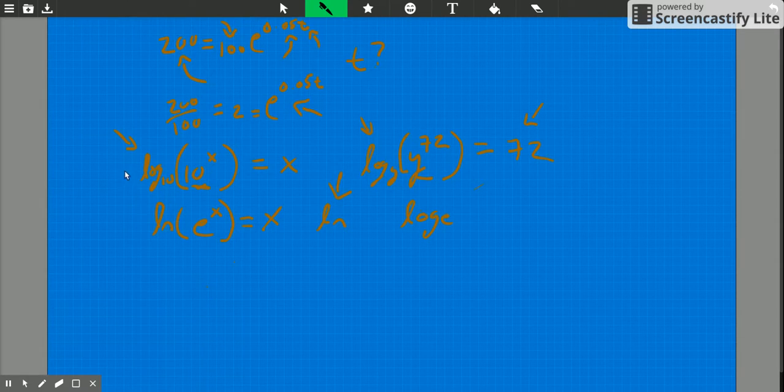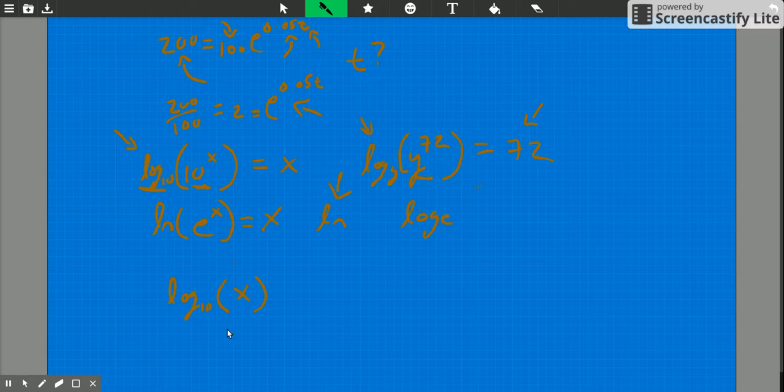Okay, just as logs are the inverses of these exponentials, it turns out that exponentials are the inverses of these new log functions that we've defined. For example, let's say you had a log expression, log base 10 of some value x.